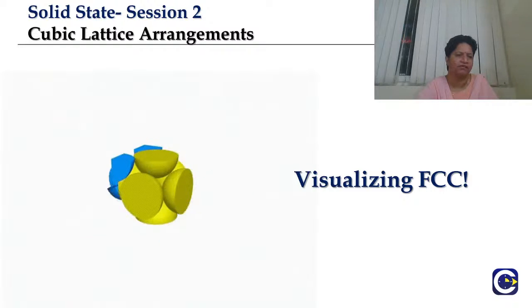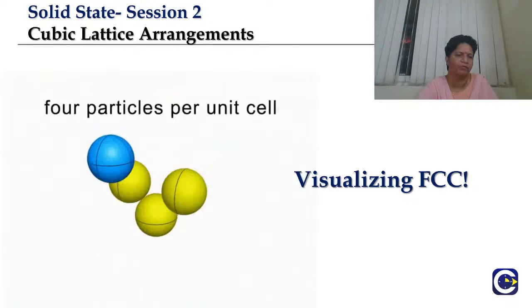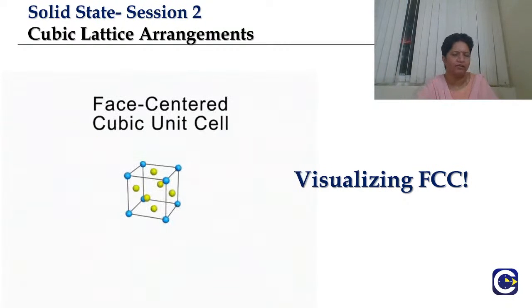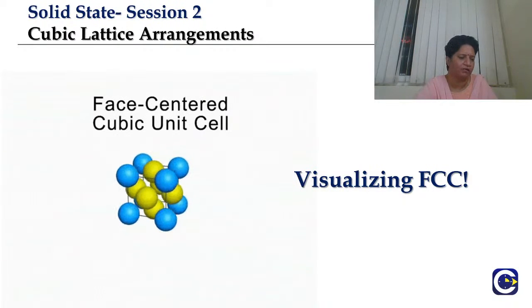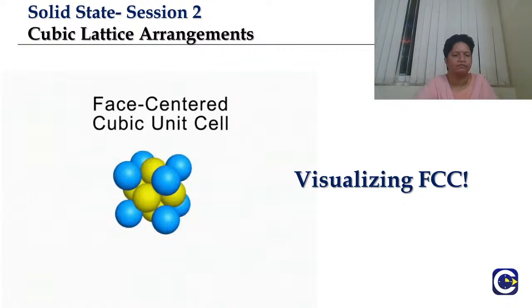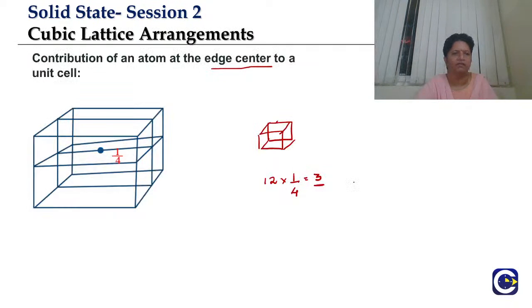At the corner, it's 8 such small pieces making up one. At the face center, it's 2 pieces which are making up one. So in face center, we have 3 at the face center and 1 at the corner. Fine. It's easy. At center, you can look at the way it has been done. It is 1/4 contribution.